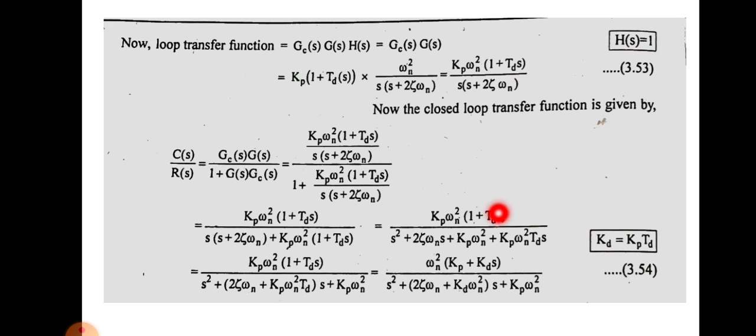Here you can see that the zero is introduced, and also it increases the epsilon value, or the damping ratio. The addition of a zero may increase the peak overshoot, but it reduces the rise time. And see here that there is an increase in the damping ratio. This damping ratio will ultimately reduce the peak overshoot. Also you can see that the PD controller does not modify the type number of the system.